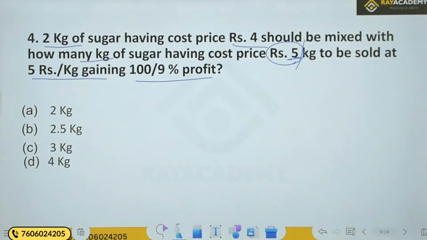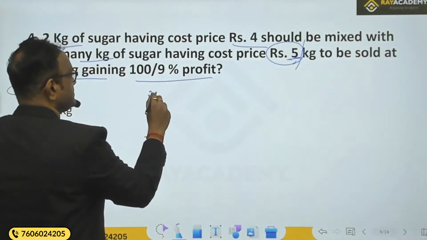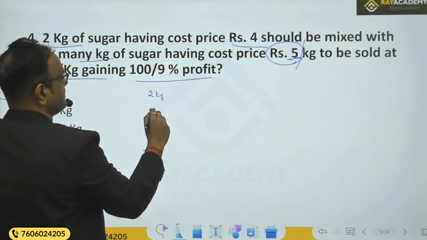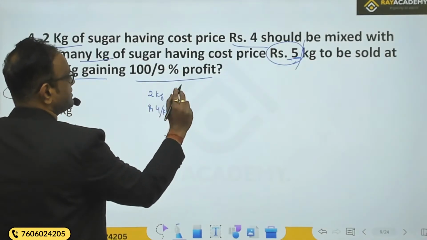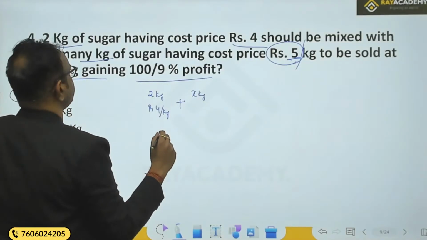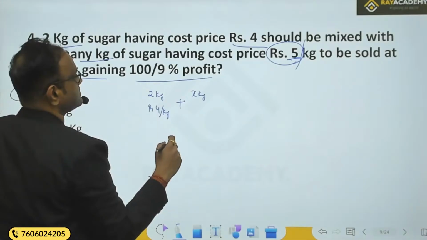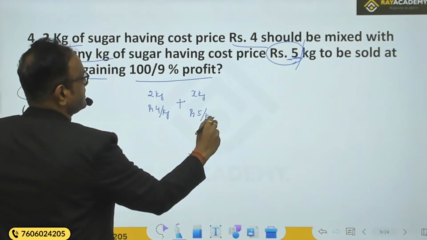Okay. Here also there are two varieties. So just write it down. 2 kg of one variety, that is 4 rupees per kg, mixed with x kg. I don't know what is the weight of that second variety, that is not given in the question. But the price is given, 5 rupees per kg.